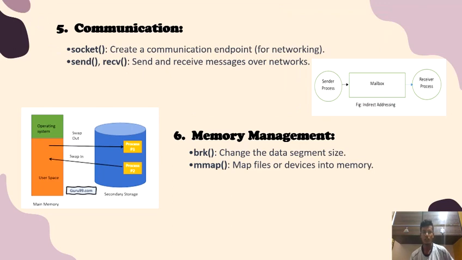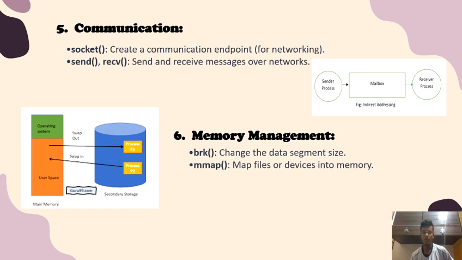Communication consists of three types: socket, send, and receive. Socket creates a communication endpoint for networking. Send and receive are used to send and receive messages over a network. This is about communication. And the last one is memory management.